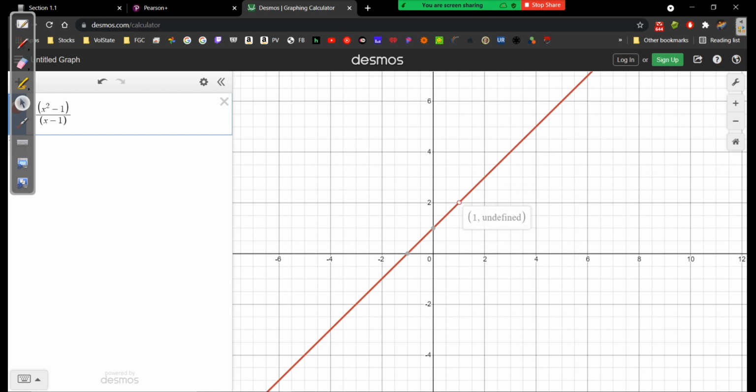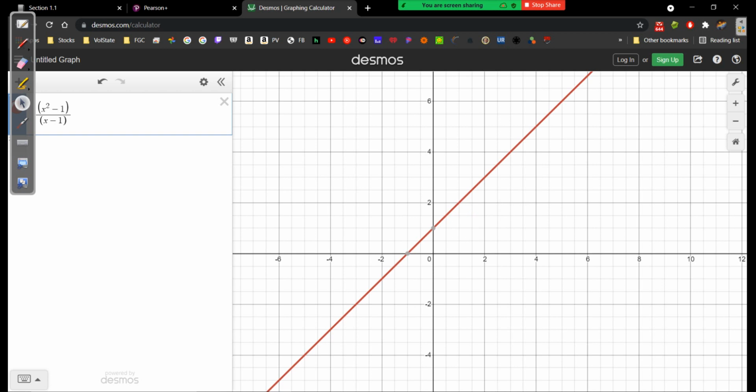It's an open circle, which means there's a hole in the graph at 1. It's undefined. What happens at 1? Well, if we plugged in a 1, 1 minus 1 in the denominator is 0, and that's why we do have undefined at 1.